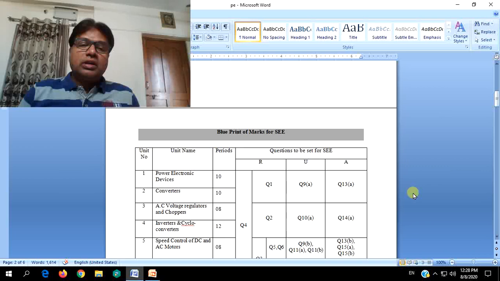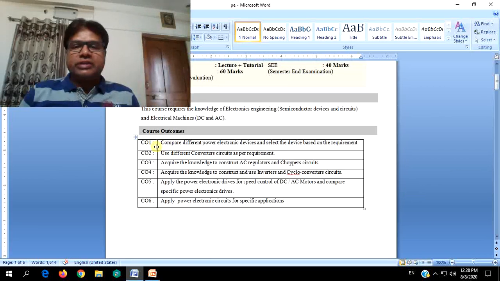And the main course objectives were discussed as shown from CO1 to CO4, wherein the basics of power electronic devices, and next the combination of power electronic devices and other circuitry, that is converter circuits, have been discussed.